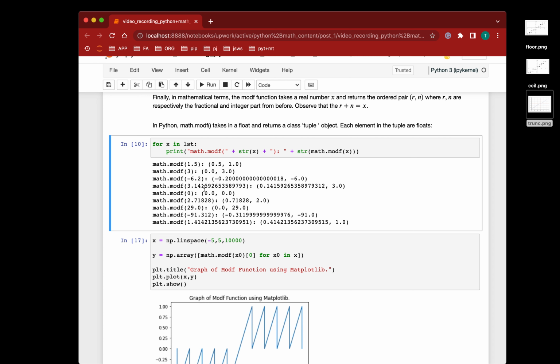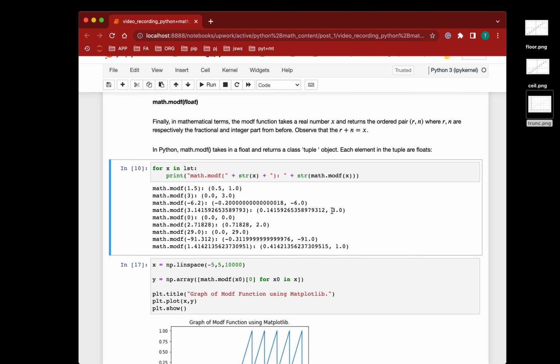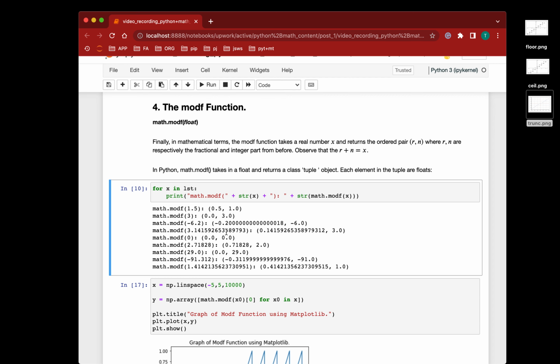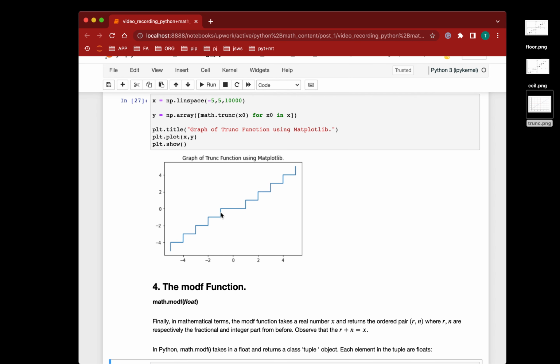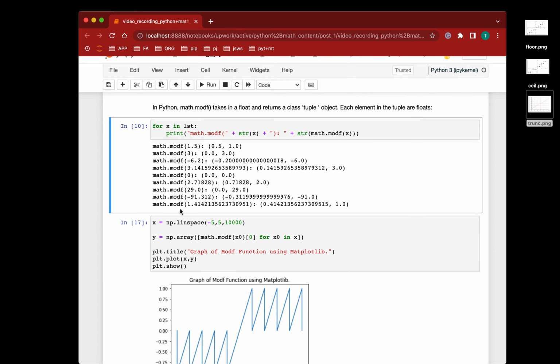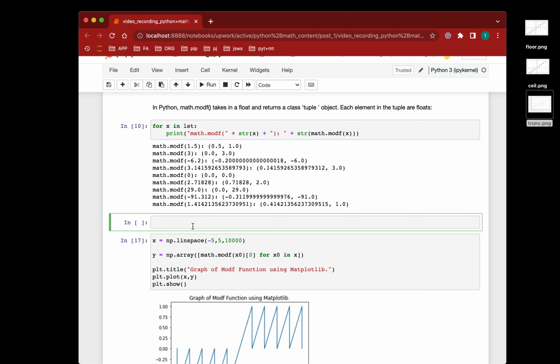And likewise, we can look at all these other examples. Once again, I'll encourage you to explore these examples yourself. And if you're careful, you'll notice that the second component of the modf function is the same as the trunc function.